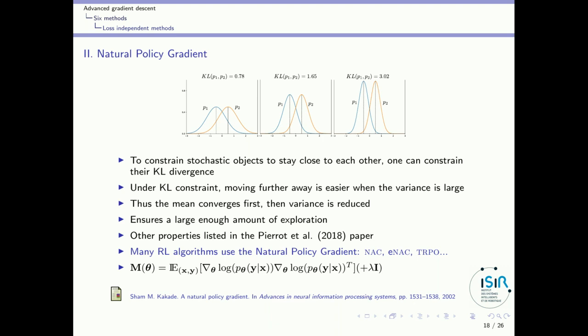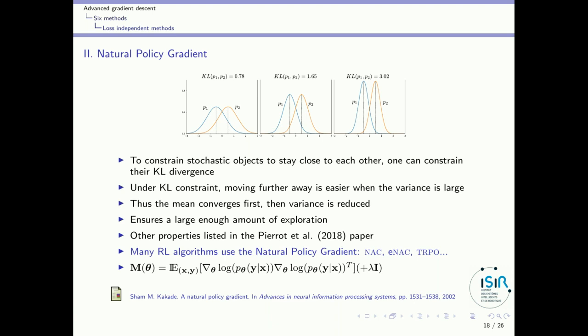So the idea is that you get a smaller KL divergence if your variance is large. It means that if you want to stay under epsilon, you can go further away between P1 and P2 if your variance is large than if it's small.